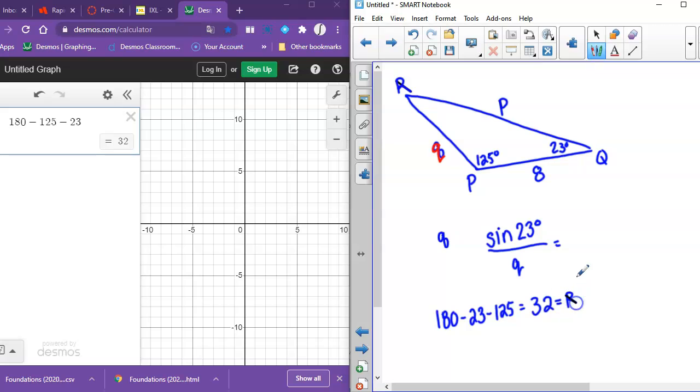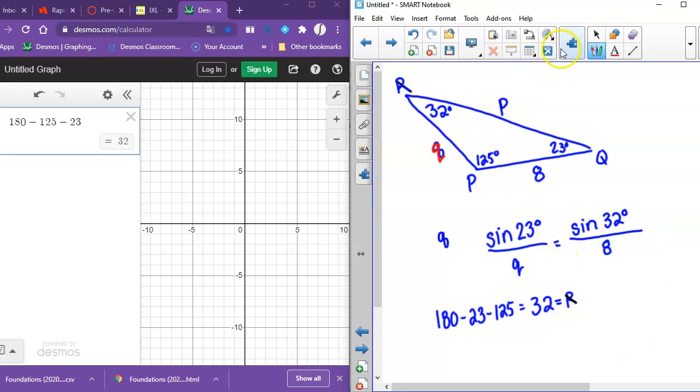So this is our R. So this angle right here is 32 degrees. Anytime you have two angles, you can always find that missing angle if you need it. So we're going to have sine of 32 degrees over 8.